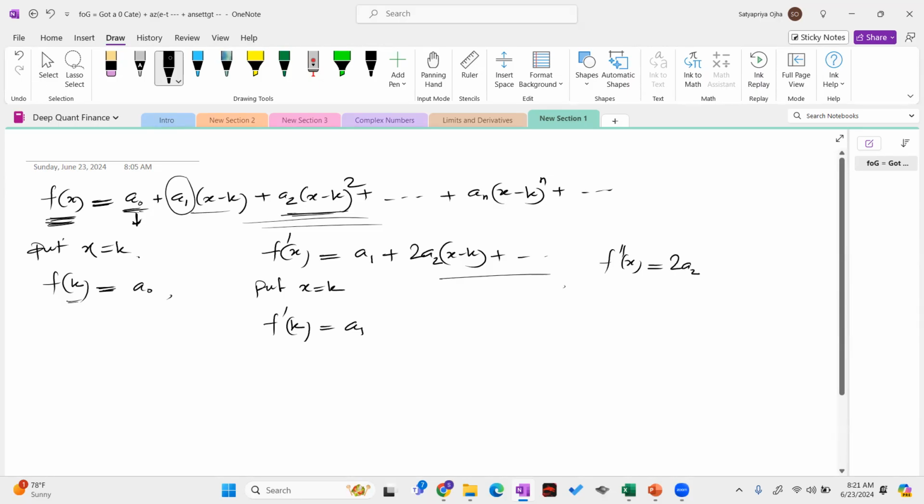Plus the next term, I'm doing it in one shot, okay? 3a3 square, then 6a3 (x minus k). Then you put x equal to k, you get f double dash k is equal to 2a2. So a2 is half f double dash k.